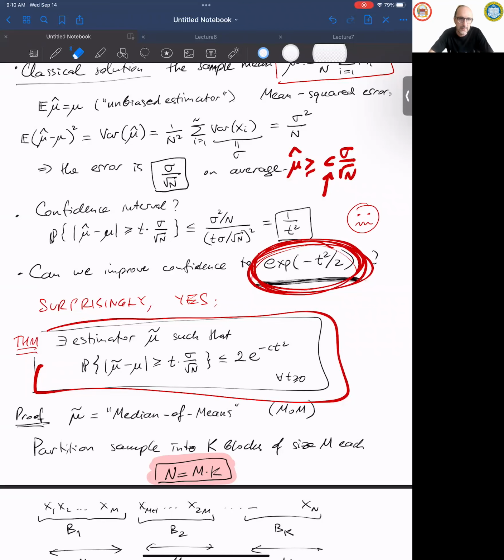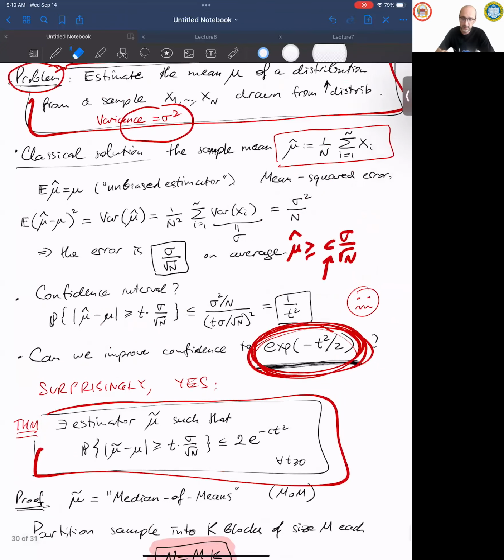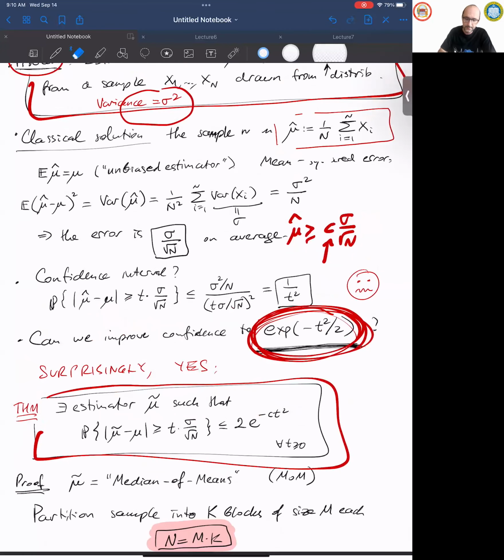Because the classical mean estimator also relies on independence. Well, maybe not on the Chebyshev, but it does rely on independence. We always rely on independence. So yeah, it should be useful. That's what people assume.